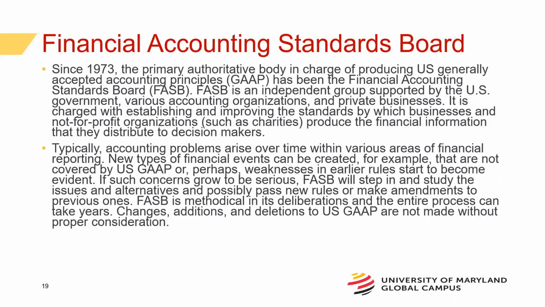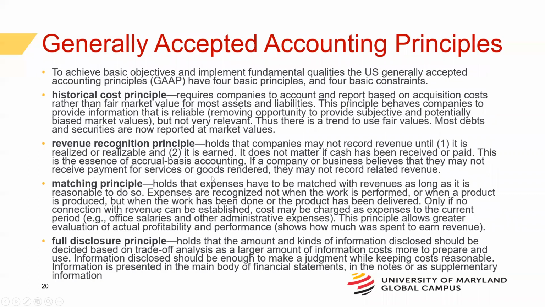And the reason why this is important is because these help to standardize the reporting in order to protect stakeholders. There's a lot of principles that are involved in generally accepted accounting principles. We're not going to go through all of these, but I do want to make you aware of these principles because these help to govern all of financial reporting in accounting.